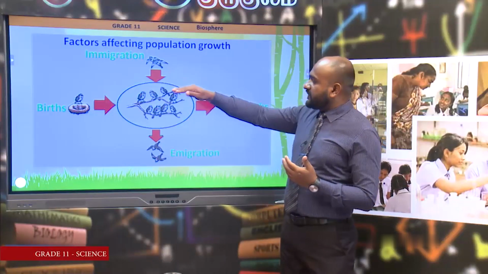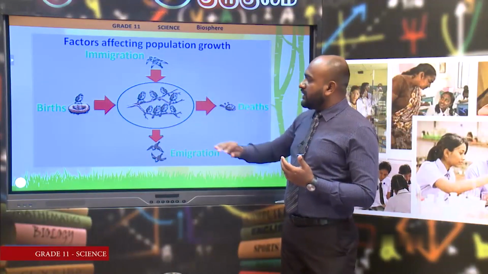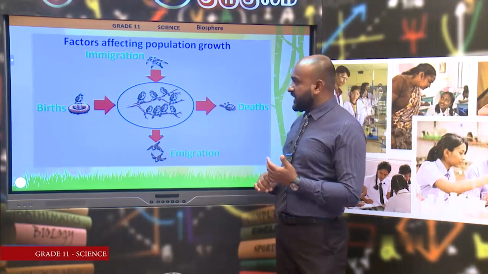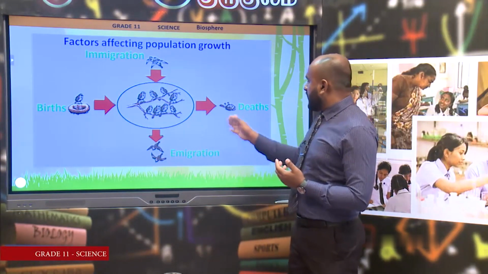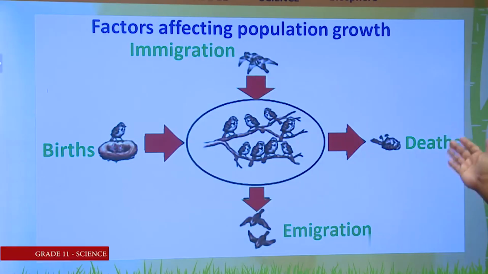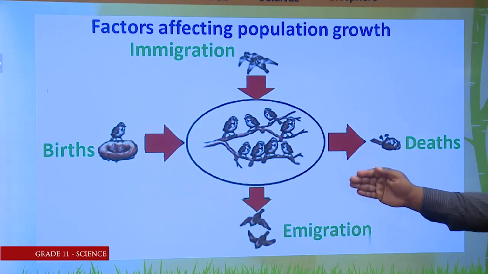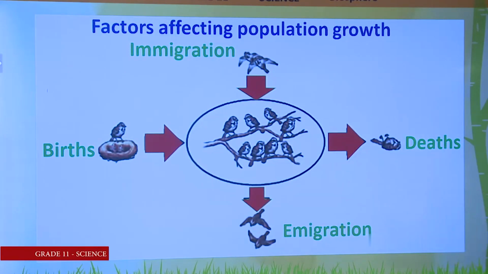Because of this, organisms can come to a population from another population, that is immigration. And organisms die, which removes individuals from a population, and when organisms leave a particular population, we call it emigration.